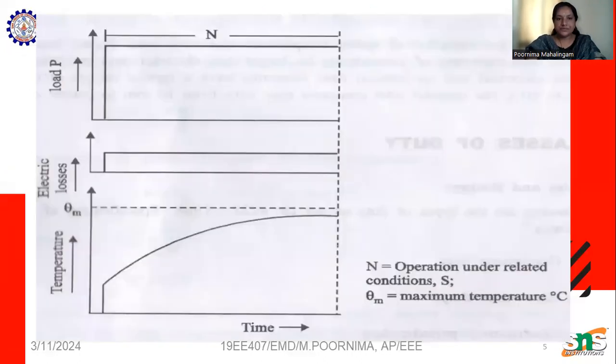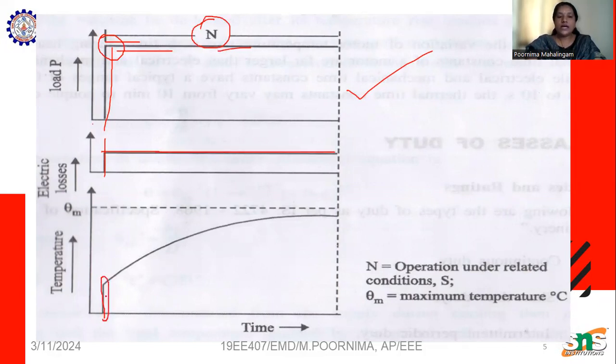Here we can see a clear picture. This is the load graph. When the load is on and reaches steady temperature, the loss is also constant. When the load is constant, the speed is constant and the losses are also constant. What about the temperature?